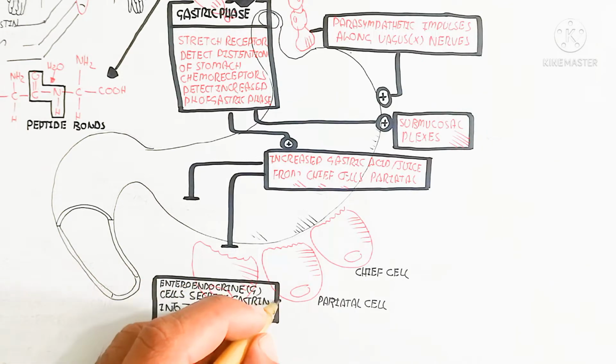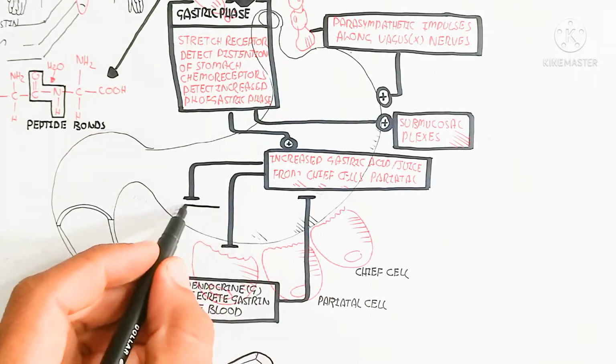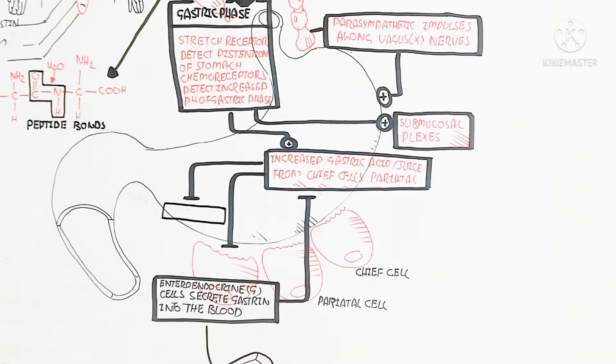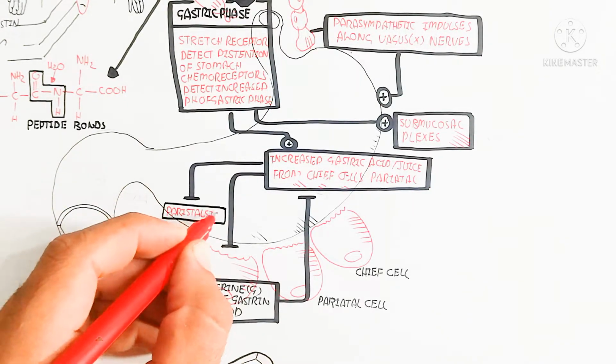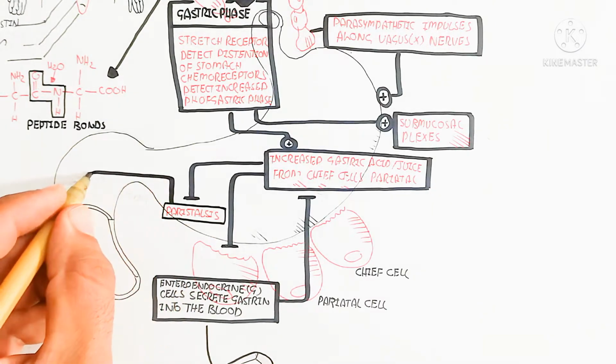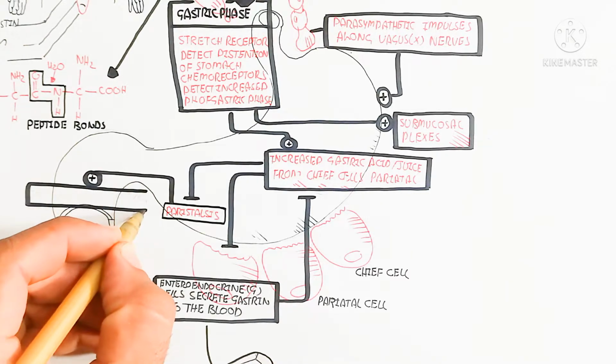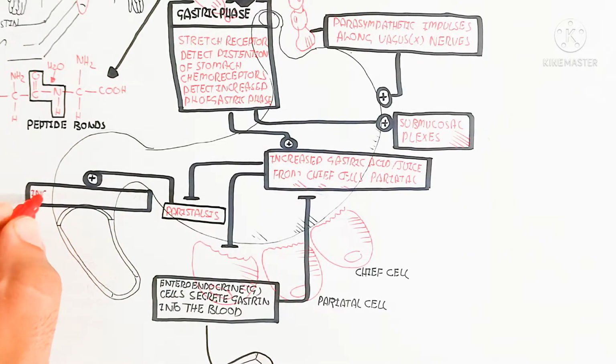While the increased gastric acid will inhibit this function. Why? Because the digestion will begin here. And here you can see the inhibition of peristalsis, due to the movement of the bolus in the form of chyme being inhibited, while when the digestion is complete, then it will be promoted.